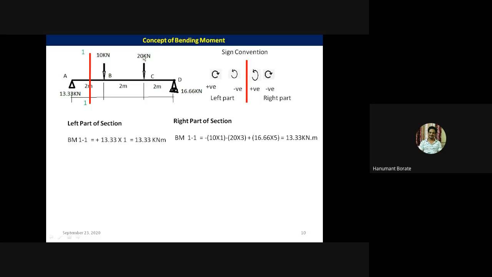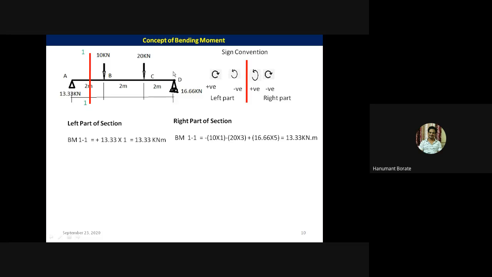So 20 into 3 meter, and this moment is clockwise about section 1. Due to that, here I have written minus 20 into 3. Now the moment of the third force, that is 16.66 kilonewton.